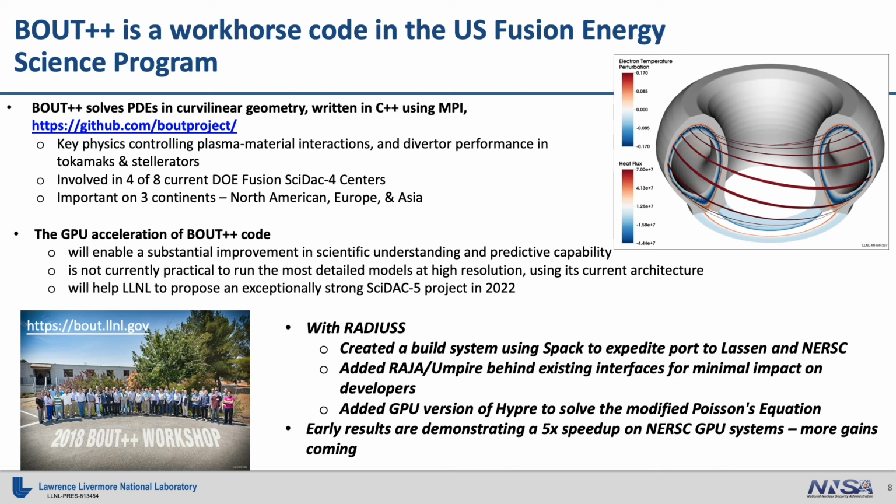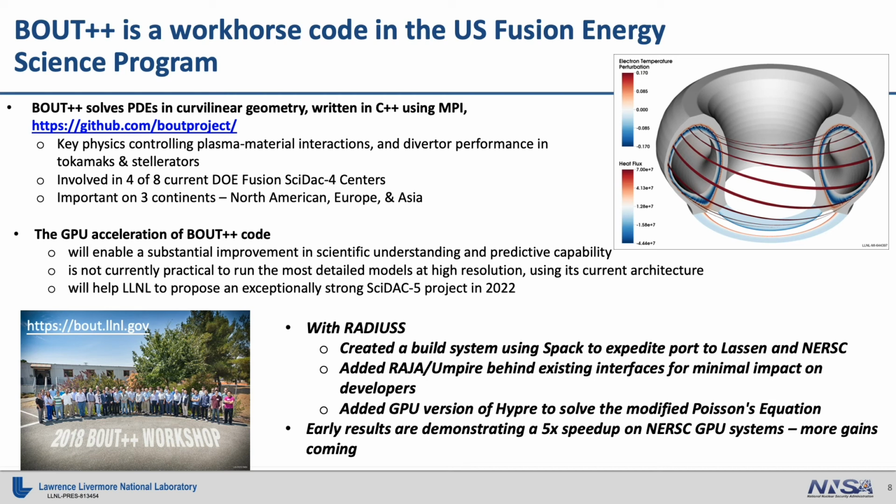They also recognize the need for GPU acceleration, and so with Radius, we helped solidify their build system to make it easier to port to non-CPU systems like Lassen and the NERSC systems that are being stood up. We added RAJA and Umpire and did that in a way that minimized the impact on the developers and what they need to know to write GPU code.